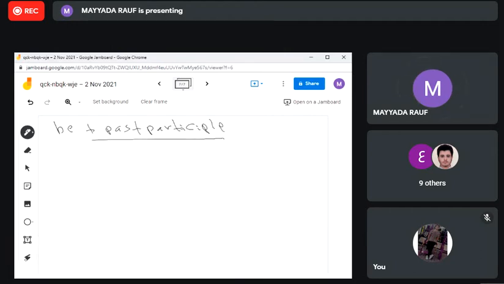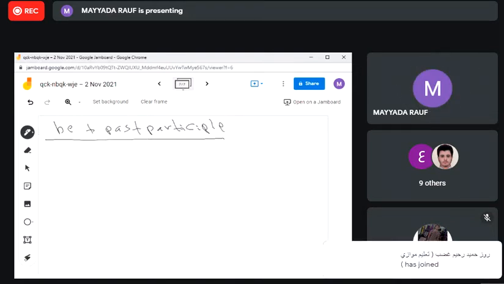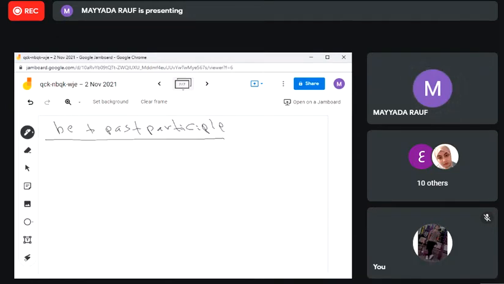Okay, this construction of be is used to form the passive, because you know that we have active and passive.